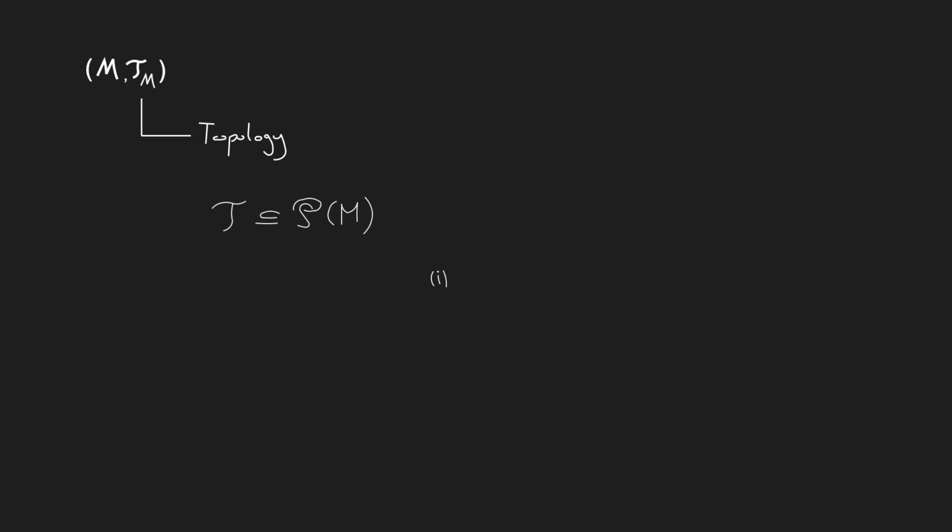The way they behave is that, first, the empty set has to be part of the topology. Second, the set M itself, the parent set, has to be part of the topology. And something really important: imagine you have two sets, U and V; their finite intersections, the resulting set, has to be part of the topology.